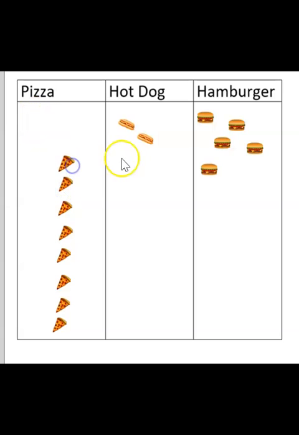Okay, let's do the hot dogs the same. What are you already noticing? I'm noticing that too. Not many people like hot dogs. See how organizing our data made it much easier to understand it and analyze it?